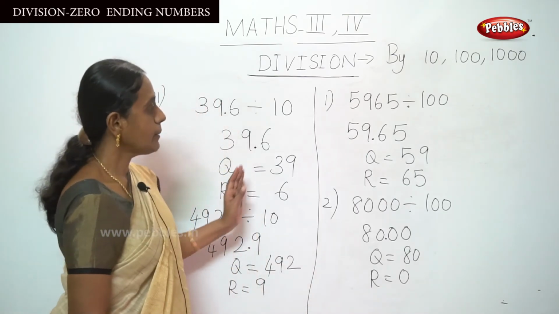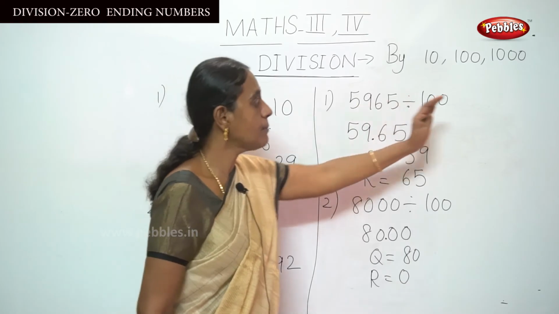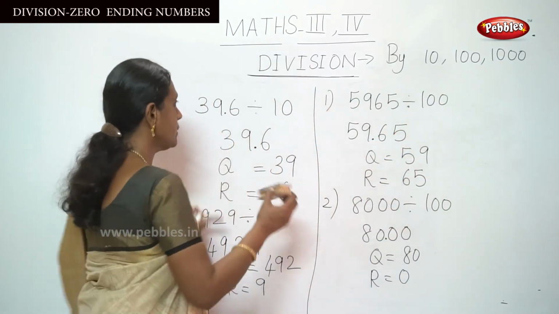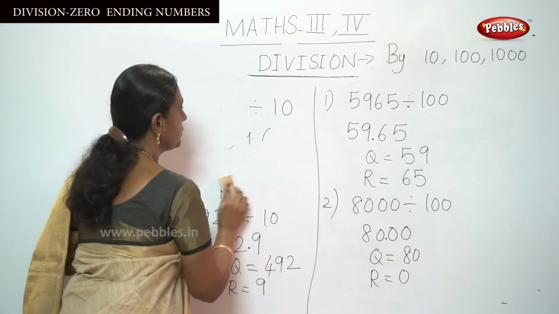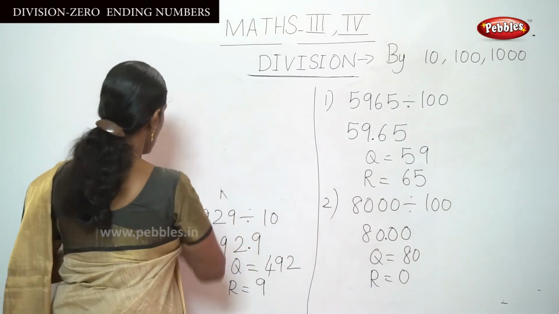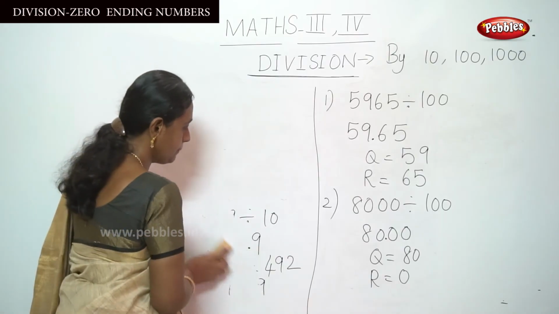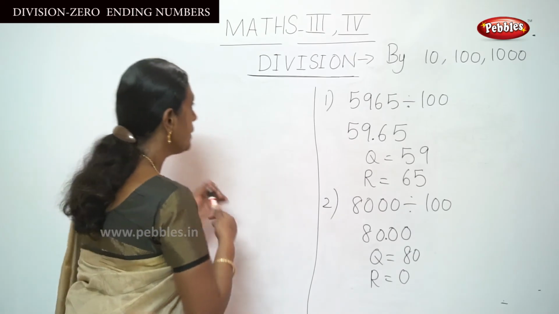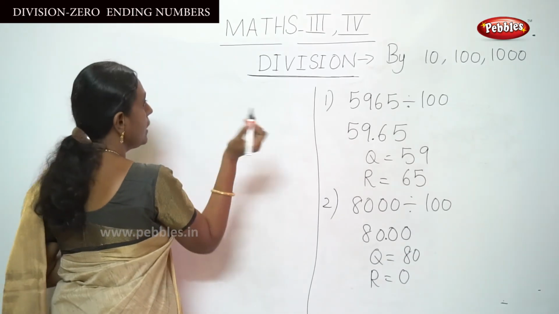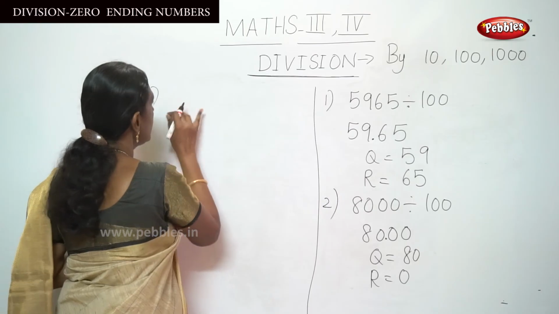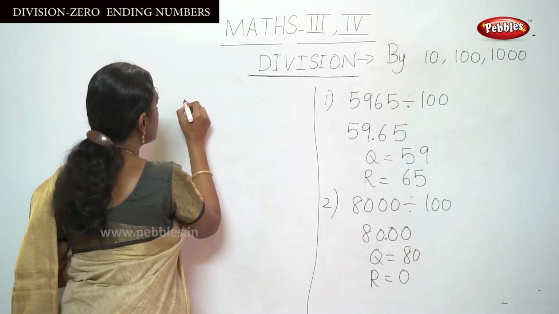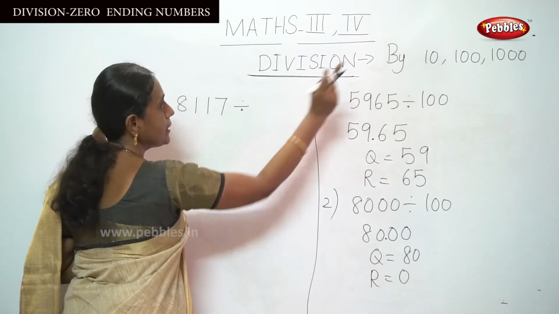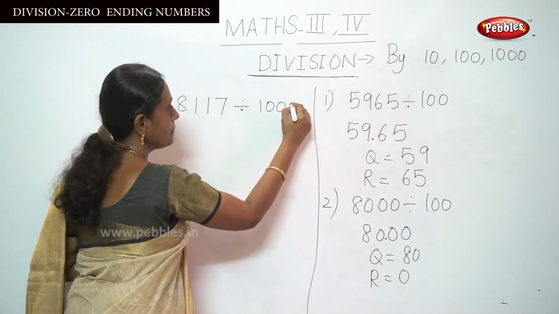And I am going to do the next sum, division by 1000. Let me write down the answer here: 8,117 divided by 1000.